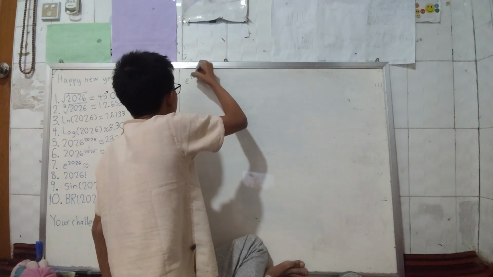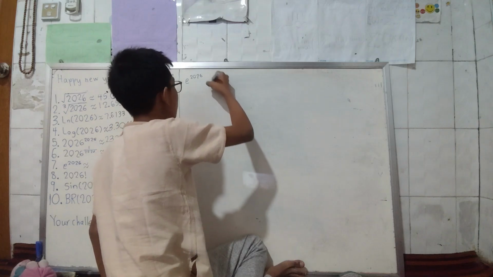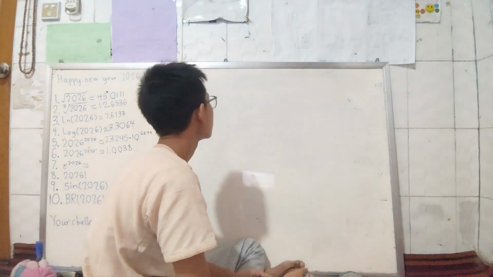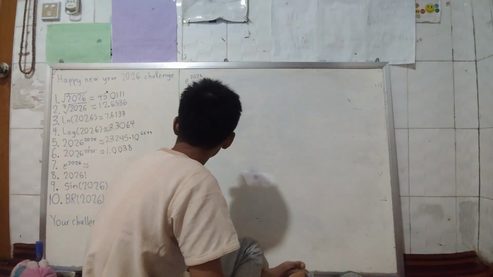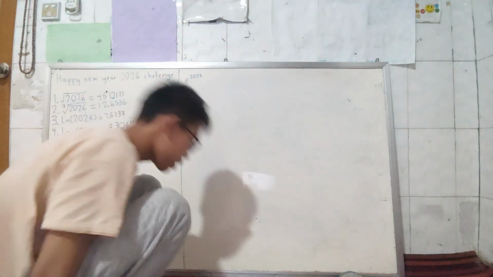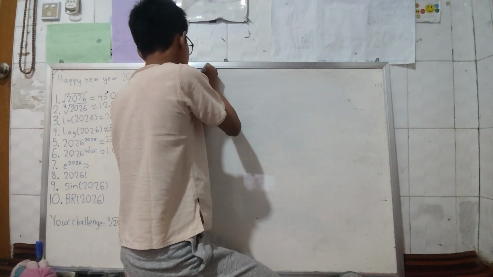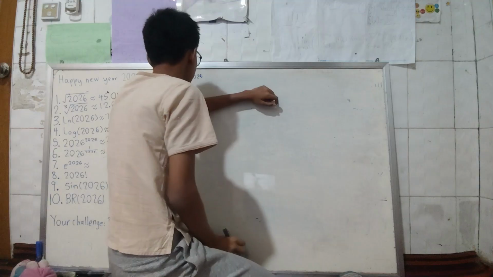I'm not going to calculate that. It's going to be a really large number, but not as large as 2026 to the power of 2026. But it'll still be really, really large. Let's just do it, okay? Let's try to approximate the value.